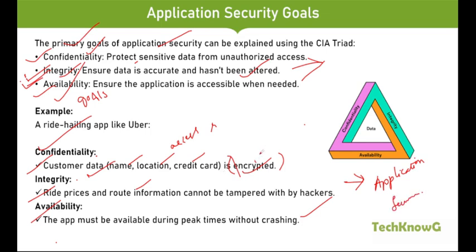Why are we encrypting here? Because no other person should be able to see this data. When we enter the customer data in the client, the Uber application is the client and the server will be the Uber server. The data goes from client to server, and from server to client the response comes. So basically this is the client-server model.